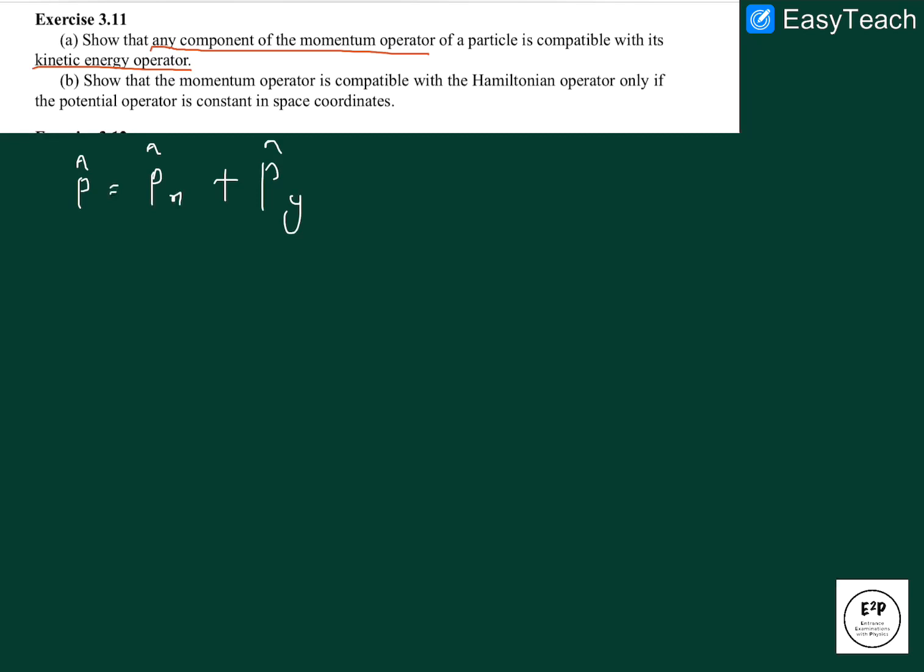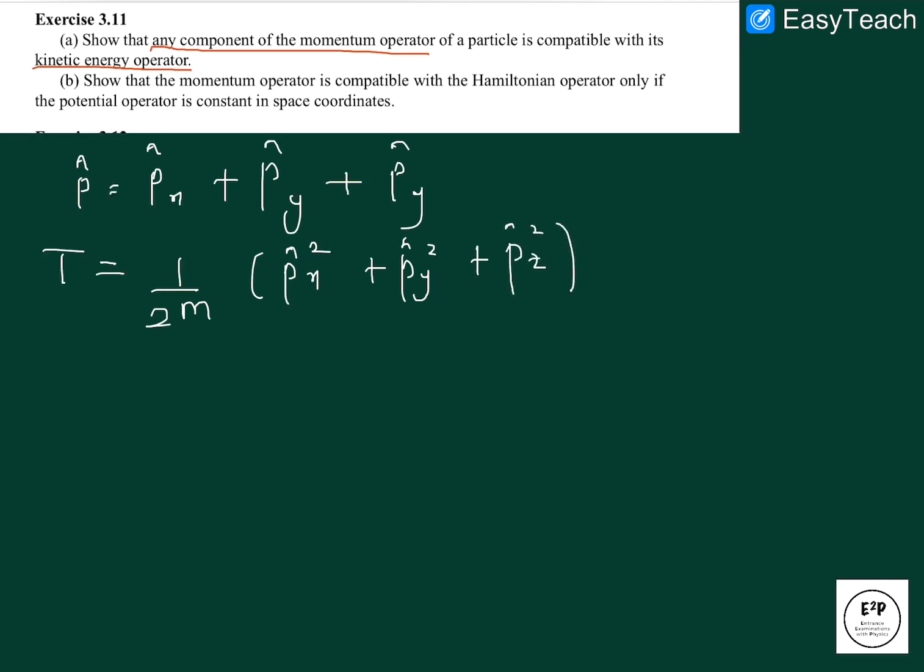If we go with the Cartesian coordinates, then the momentum operator is the sum of three components, and the kinetic energy operator is 1 by 2m (px square + py square + pz square).